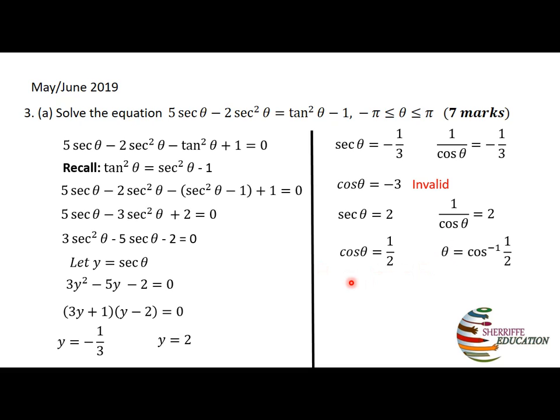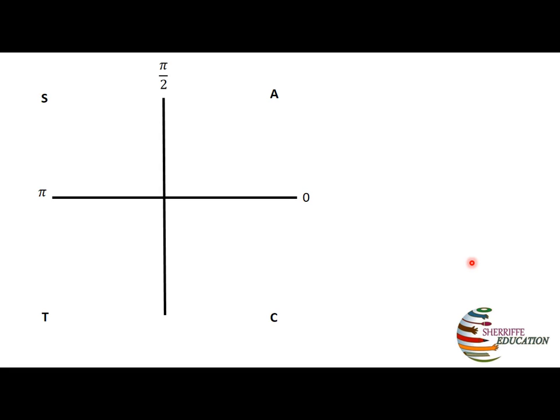Solving for theta, we get theta equal to cos inverse a half. Now, this is just 60 degrees, or written in radians, pi over 3. So pi divided by 3 radians. Remember, we're told that theta should exist from negative pi to pi.